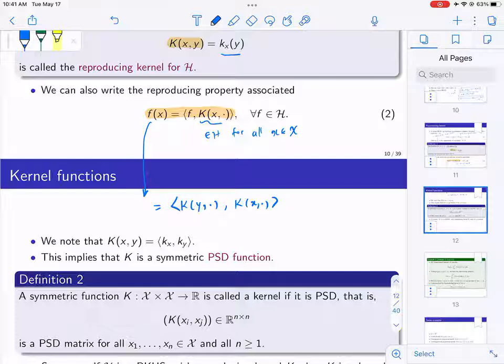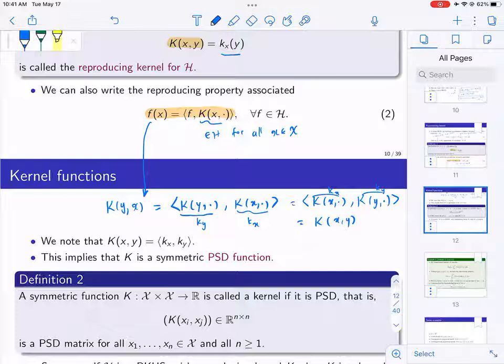I'm going to evaluate this at point x, so I get k_y(x). And this is also going to be equal to, since the inner product is symmetric, k_x(y). You see that the kernel function is symmetric. And the way you're writing it is, this is k_y, this is k_x.